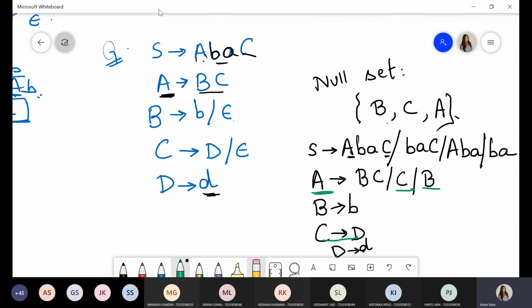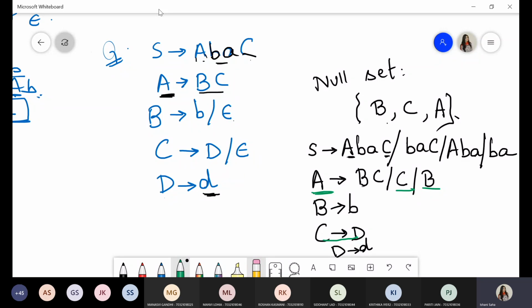Got it? Yes, Adant, is it clear? Yes, ma'am. I'm not taking everything together, otherwise it would be confusing for others. What you are saying is absolutely right. We are going to do it in the next step. So this is the thing that we are going to do for null production removal.